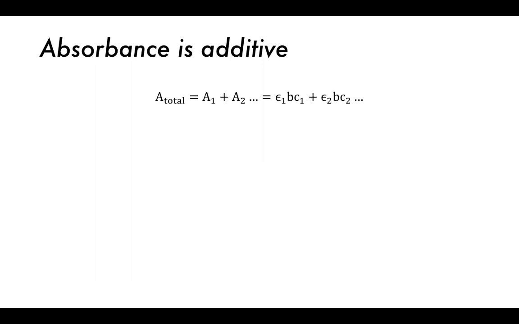So the total absorbance, which is what we'll observe using our instrument, is equal to the sum of all of the individual absorbances, A1 plus A2, etc. That's equal to epsilon 1 B C1 plus epsilon 2 B C2. That's for species 1 and species 2. They have their individual molar absorptivities and their individual concentrations, but their path lengths remain the same because they're contained within the same sample holder, the same cuvette or whatever it happens to be.